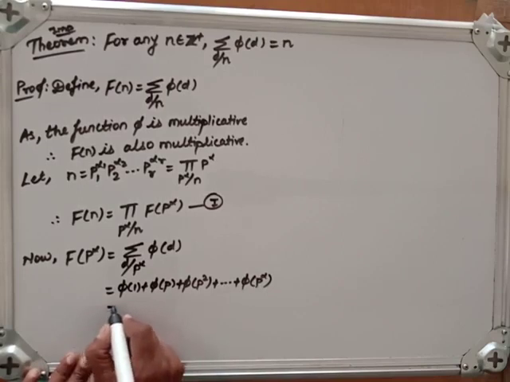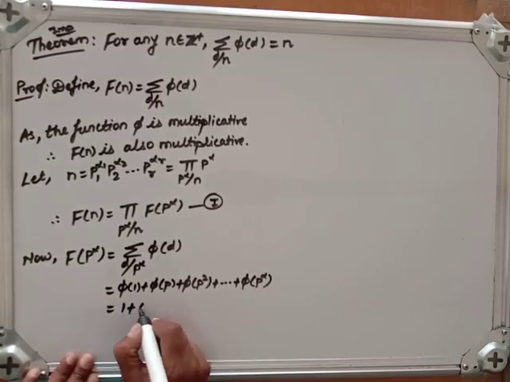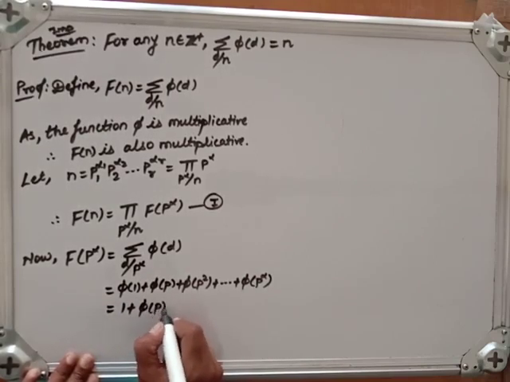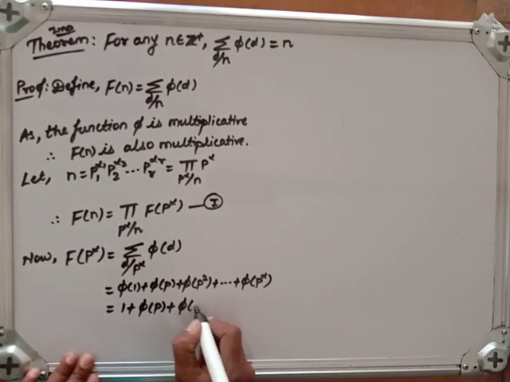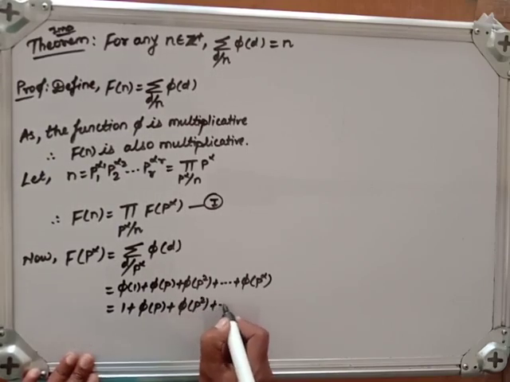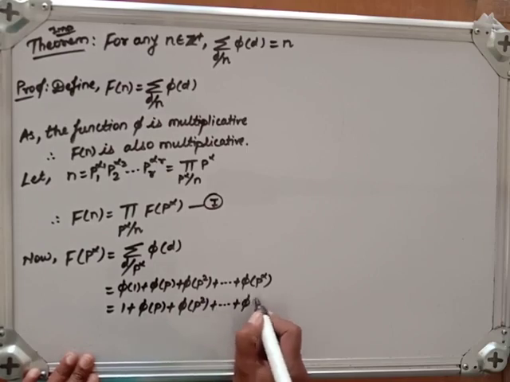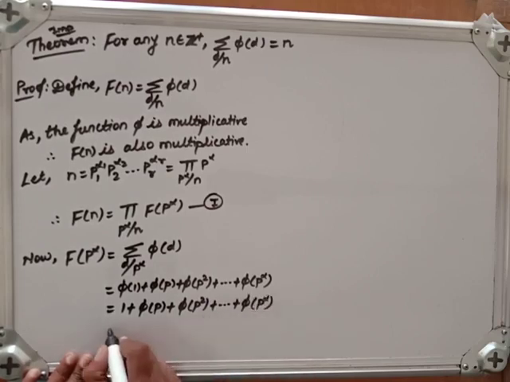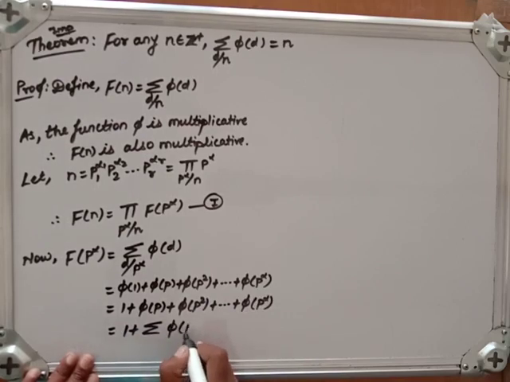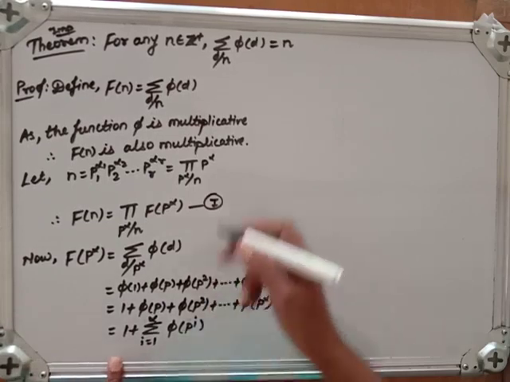So this is equal to 1 plus summation phi of p raised to i, where i goes from 1 to alpha. So this is a simplification of this one according to our definition.